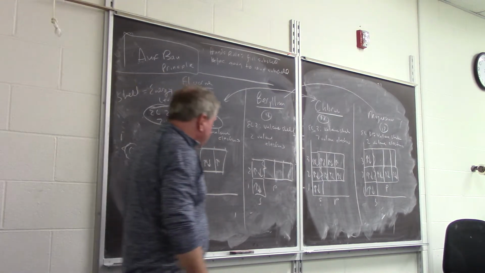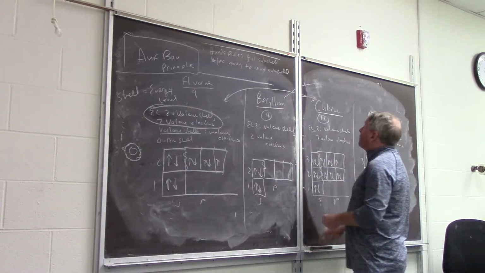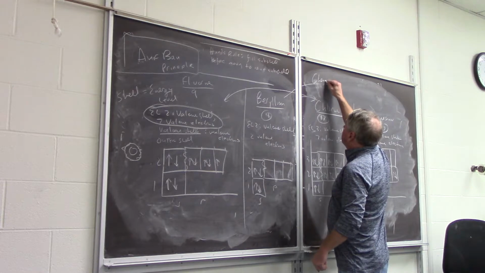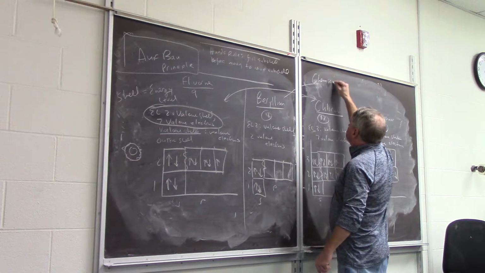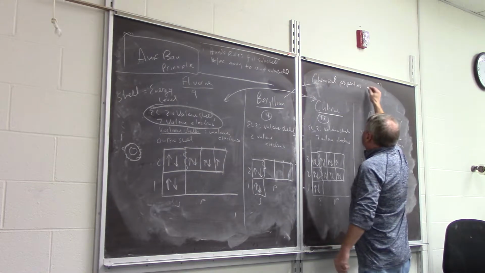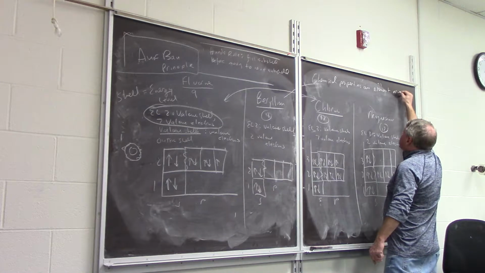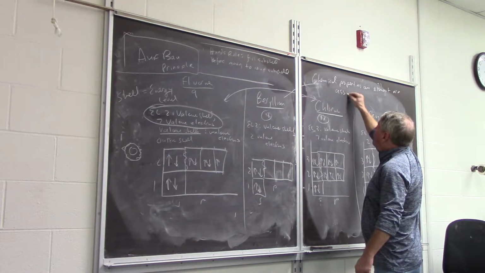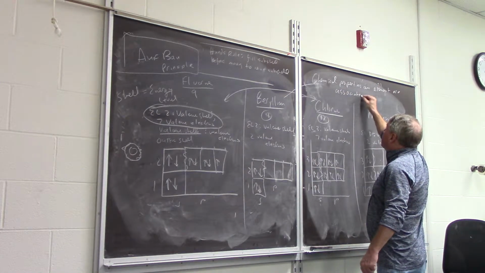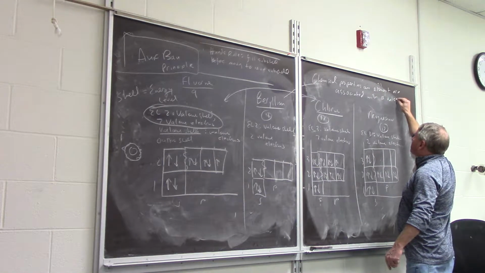So it turns out that the chemical properties of an element are associated with the number of valence electrons.